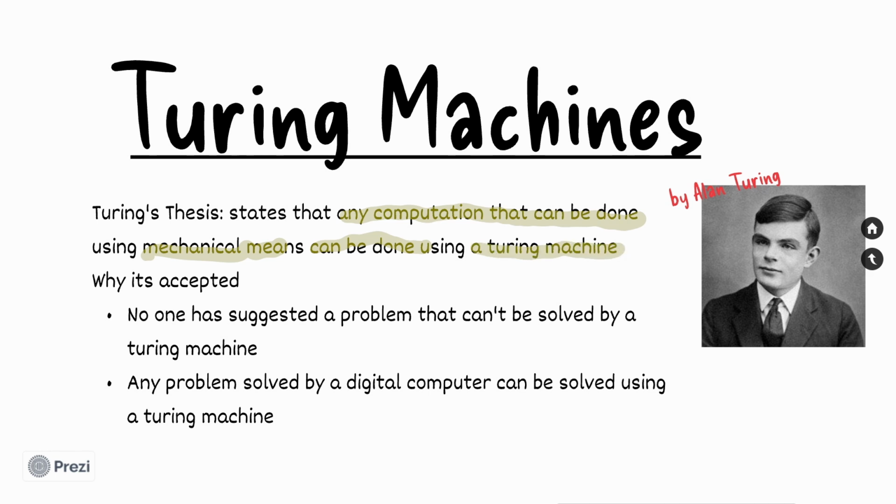Now, no one has suggested a problem that can't be solved by a Turing machine, and any problem that can be solved by a digital computer can be solved using a Turing machine. This is just a thesis, which can be proved or disproved. That's why it's accepted.